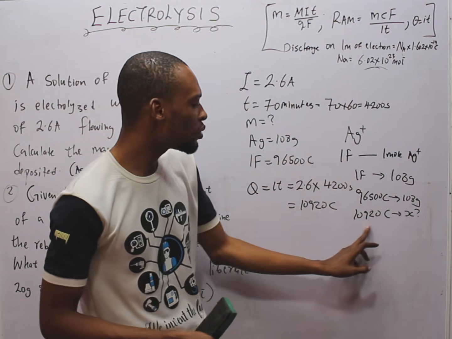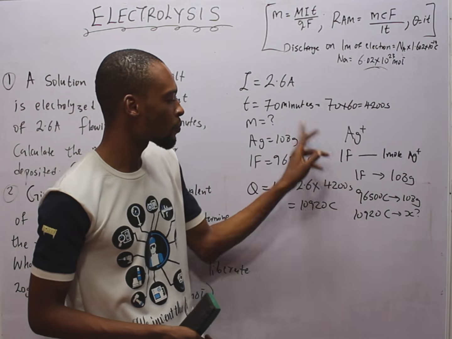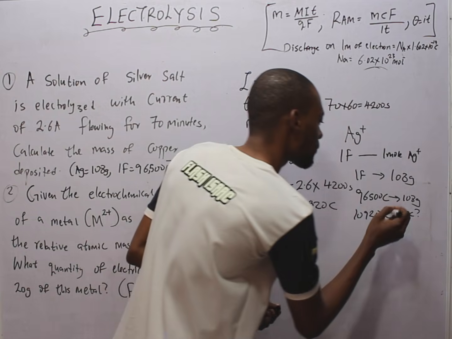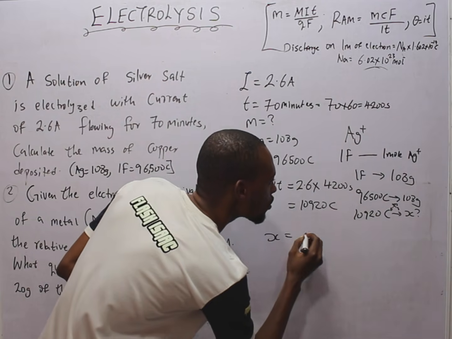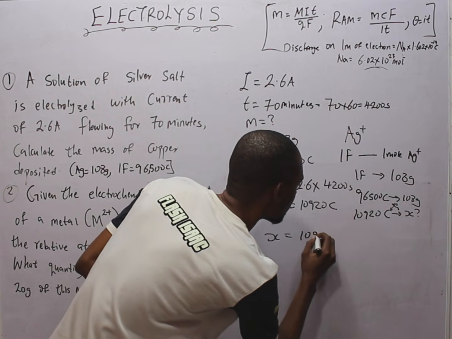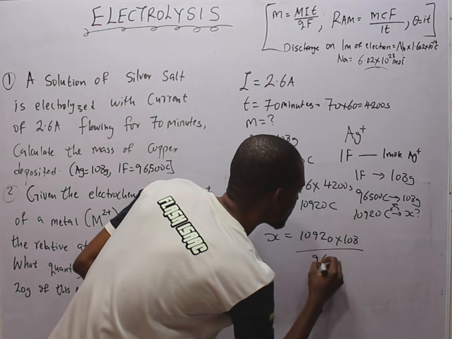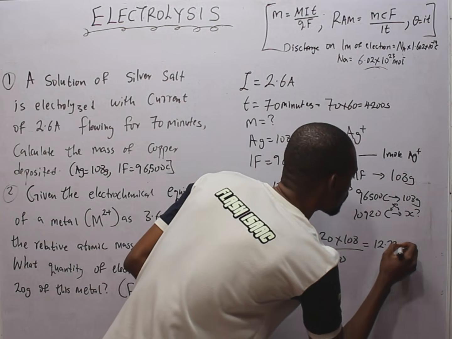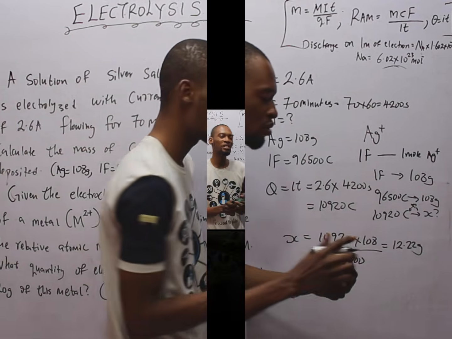What will 10920 coulomb deposit? Because that is the charge here, current times time. Let it be S. Cross multiplying, you simply have that S equals 10920 times 108 over 96500. This equals 12.22 grams. So the mass of silver deposited is 12.22 grams.